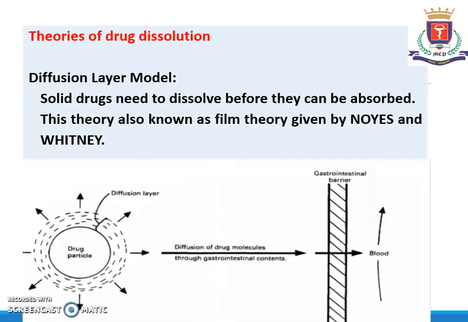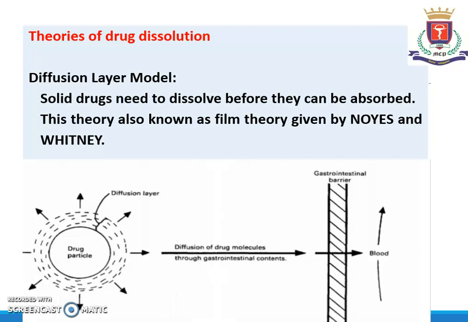Now coming to the theories of the drug dissolution, how the drug will get solubilized or dissolved. There are three theories which are commonly studied. The first theory is diffusion layer model. In this theory, the solid drug particle is forming a diffusion layer. The solid particles are coming into the diffusion layer and then it will get transported through the barrier and then into the body.